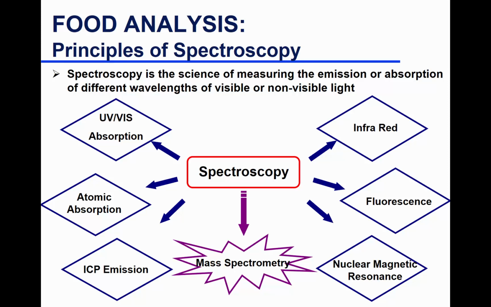Nuclear magnetic resonance is another form of spectroscopy, but we will not cover it in this class. And mass spectrometry provides a spectra, but has nothing to do with light in particular. But usually they're bulked together. Spectroscopy and spectrometry, bulked together.